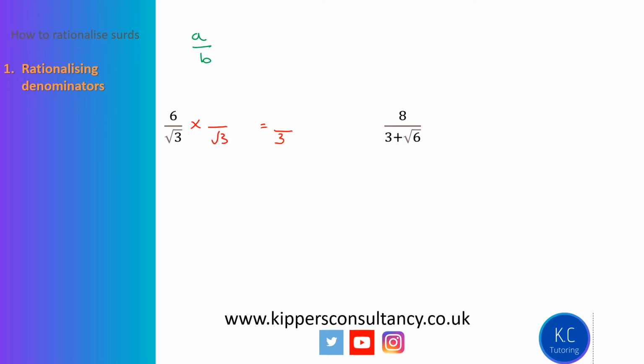Now, because on the bottom of our fraction we've multiplied by root 3, it means on the top we must also multiply by root 3. So we can see here that we multiply the 6 over root 3 by root 3 over root 3.